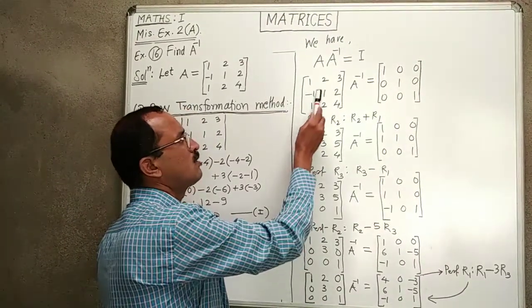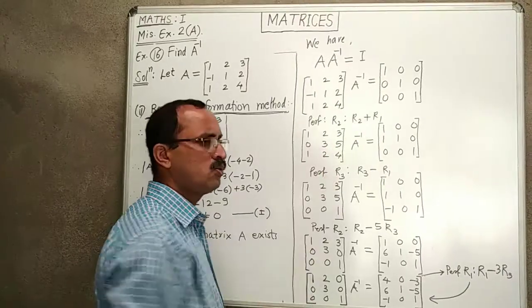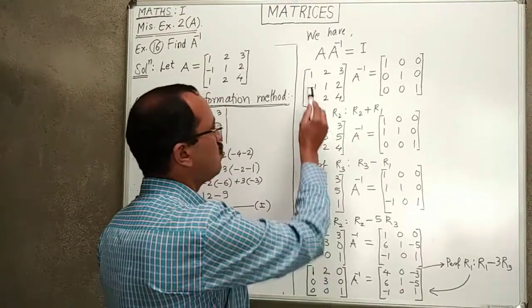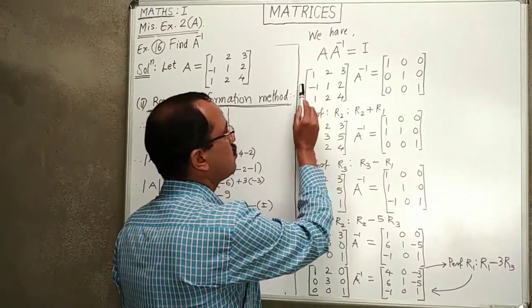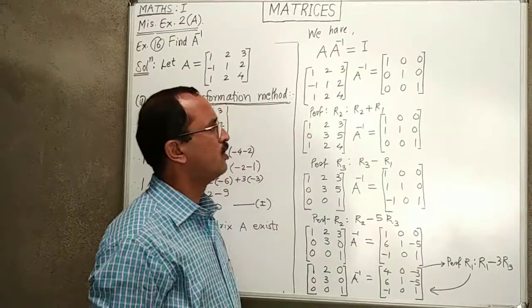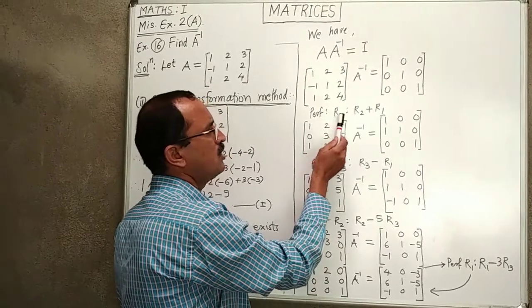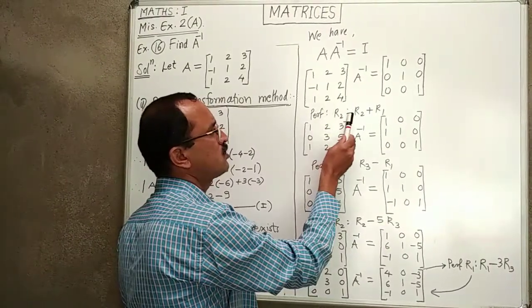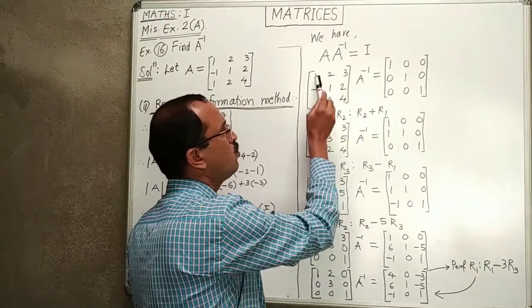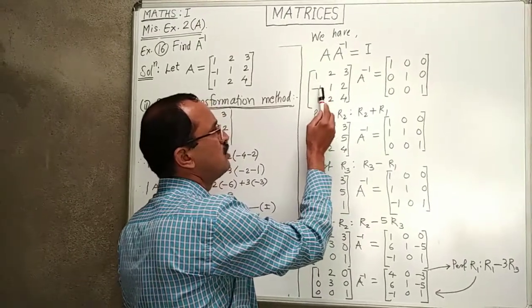That means we have to convert minus 1 into 0. So to convert minus 1 to 0, we have to change row R2. So we write the transformation performing R2, means we change R2 in such a way that R2 plus R1, minus 1 plus 1 is equal to 0.